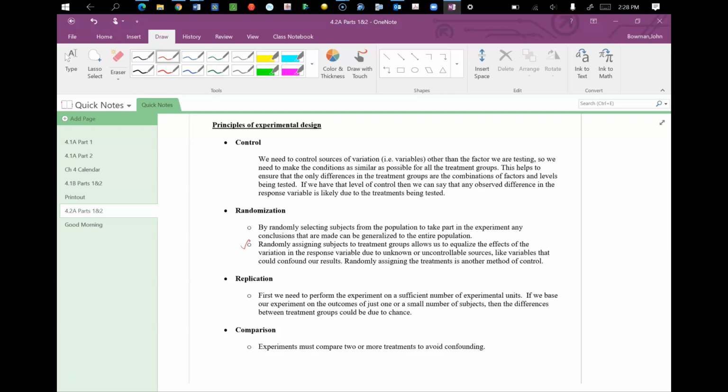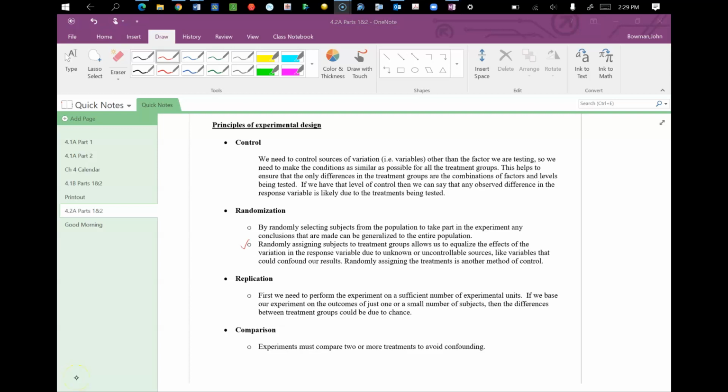However, if we didn't randomly select those subjects and they were volunteers, then we need to be very careful, and we shouldn't automatically assume that any conclusions of our experiment apply to the population from which they came, because they might not be representative of the population itself.